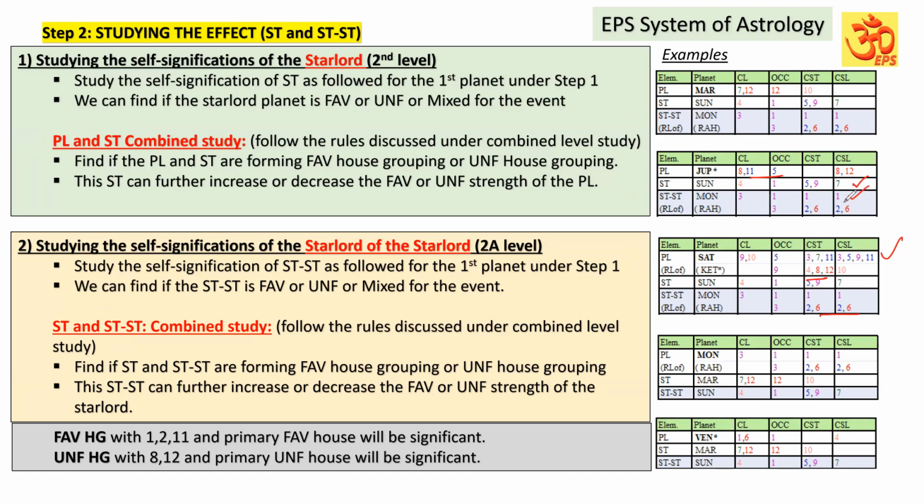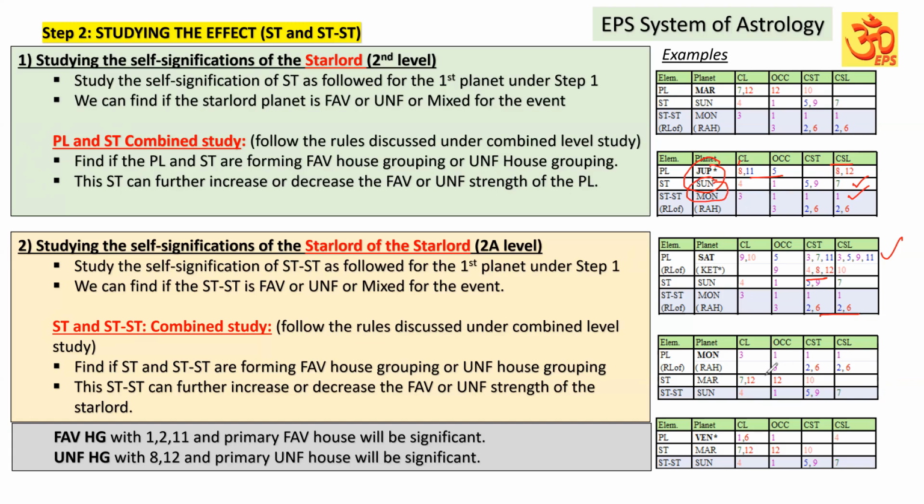That is further supported. That 8th Lord and 8 and 12 of the planet is reduced by the Starlord. That Starlord's favorable strength is further supported by the Starlord of the Starlord. So this is the combined level of planet and Starlord and Starlord of the Starlord.